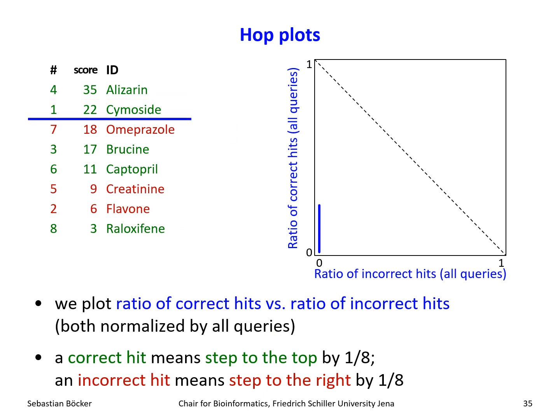Remember that we always normalize by all the queries in here. So if we lower the threshold further, then we get another correct hit, which means that we are moving up again. The ratio of correct hits increases. If we lower the threshold further, we get an incorrect hit and we move to the right here. And notice that we are moving to the right exactly the same distance that we moved up before, 1/8.